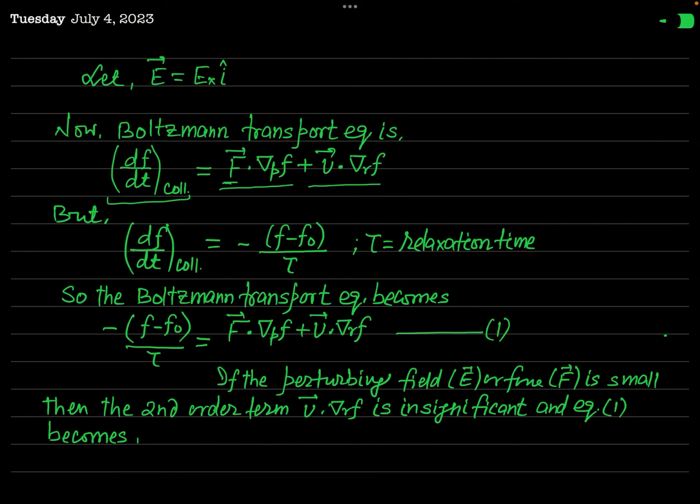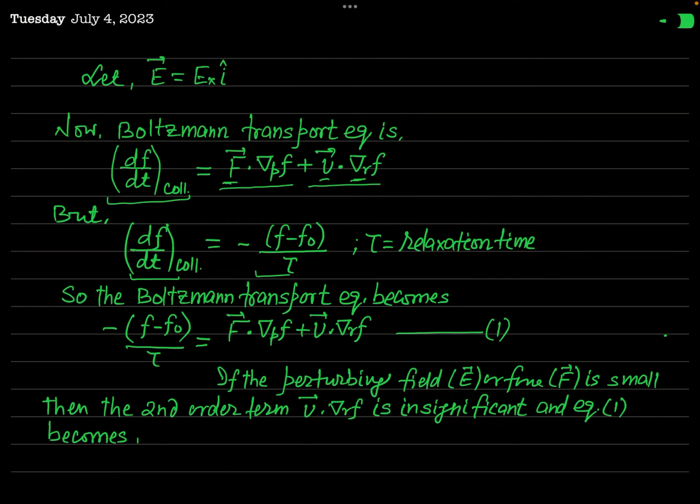And del_p is the gradient operator in momentum space. del_r is the gradient operator in position space. v is the velocity of the electron and f is the distribution function. You are aware of this equation, so I will not talk more about this. You have also learnt in my previous video that this df/dt due to collision is given like this.